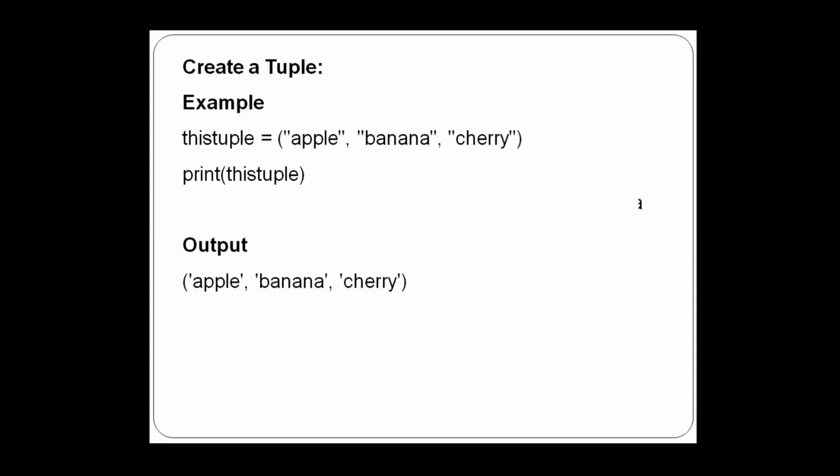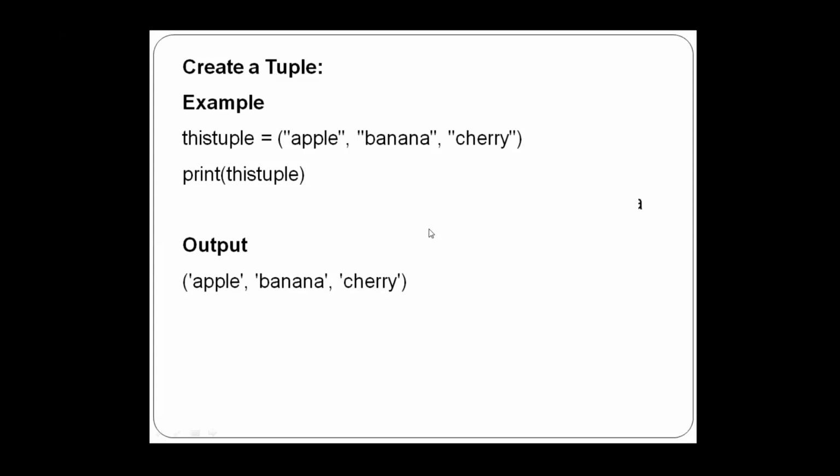If you look at the example here, I'm creating a tuple with 3 elements, with commas in between. If you have to create a tuple with just one element, it should end with a comma.